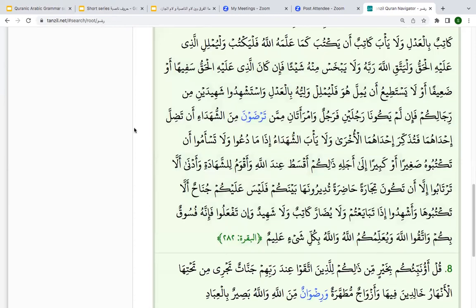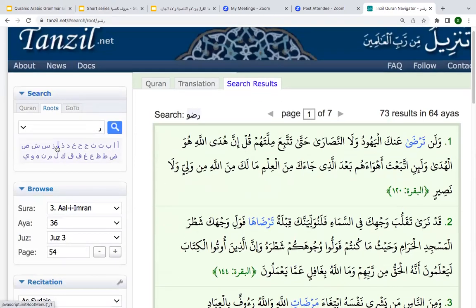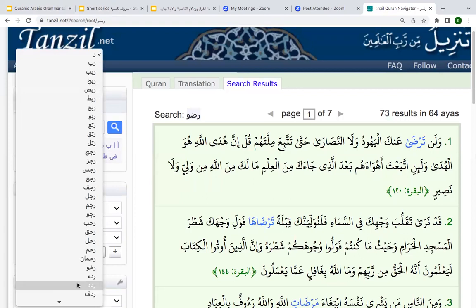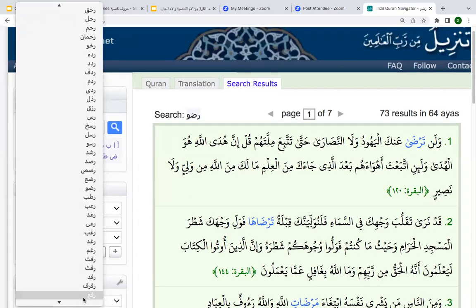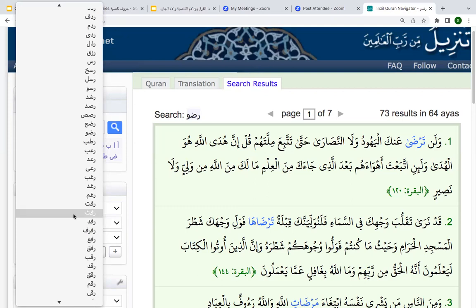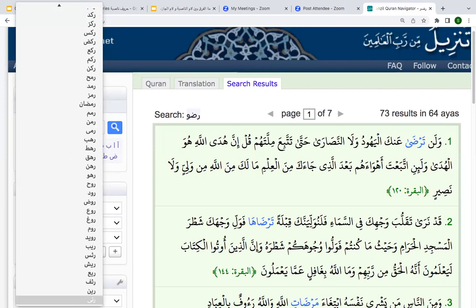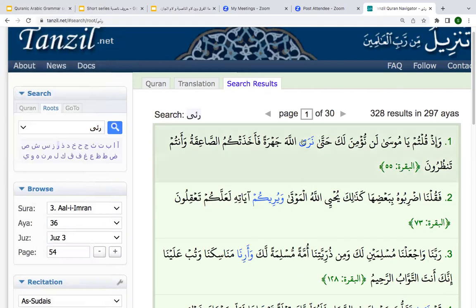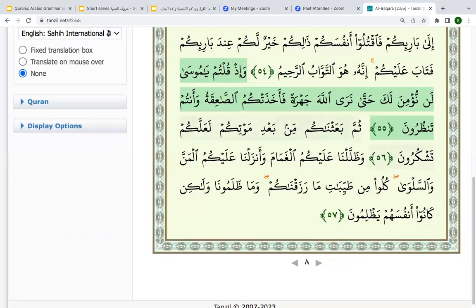Let me show you this one. I will ask you in the test to tell me the status of something like this. What is the status of Nara? So how do we know this is Mansoob and how do we put it in words?